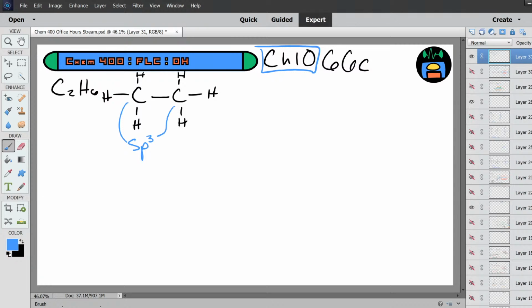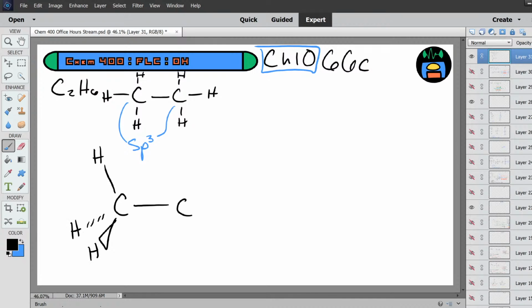So let's think about how to draw this thing. Every 4 electron groups is tetrahedral electronic geometry. Each tetrahedron has 2 bonds in the plane, followed by 1 wedge and 1 dash, so that's the first carbon.